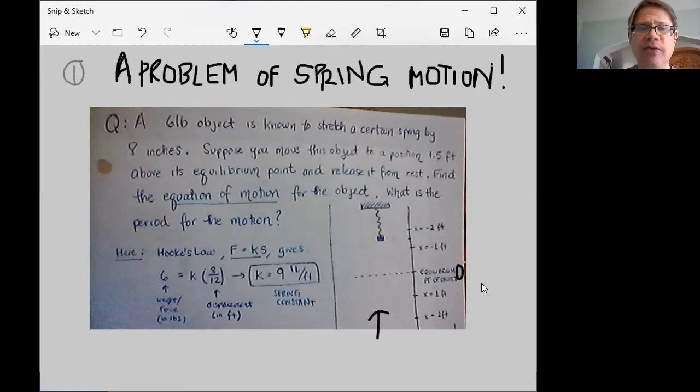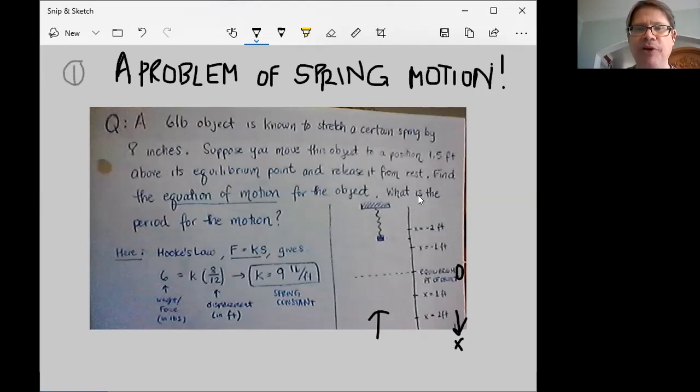Now, an important point of understanding here, and you'll see this on the diagram, is that positive x values represent displacements below equilibrium, that is closer to the ground. So as the object is moving down away from the equilibrium point, the x is increasing. That means if we push the object up above its equilibrium point, it will actually have negative x values.